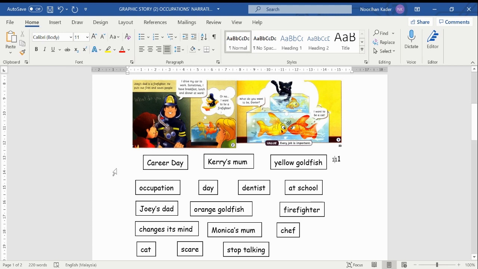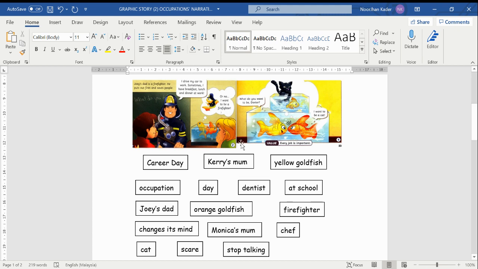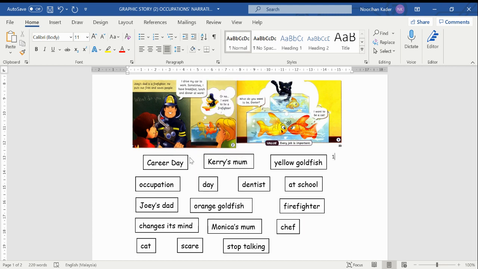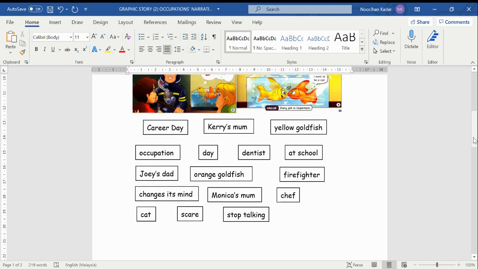Why is it going here? Okay, we can't do it that way. We can't do the numbering because it's going to the end. So what we'll do is we will just arrange in order so that we know what is number 1, number 2, and number 3.